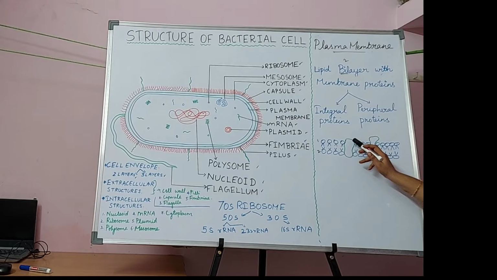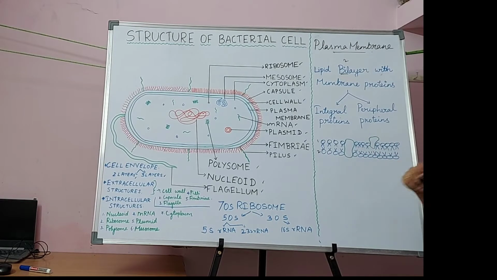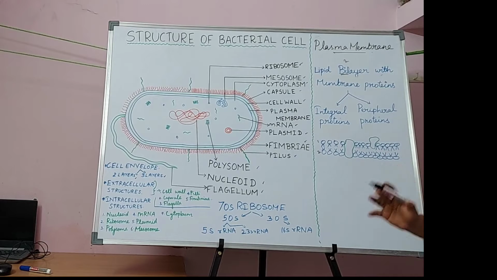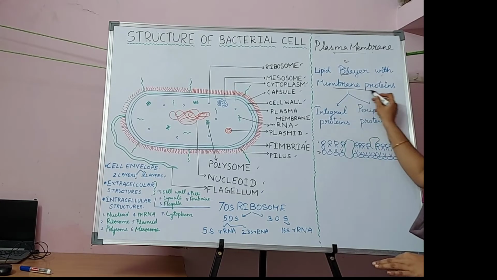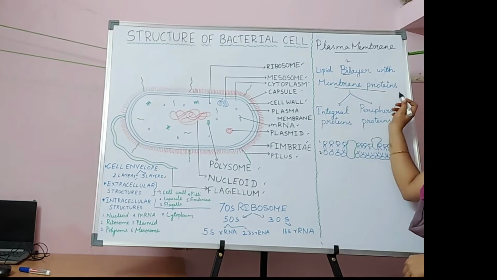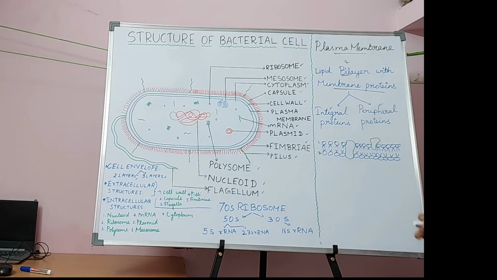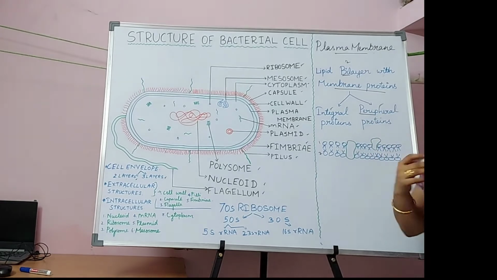In between this lipid bilayer, we have certain proteins present. These proteins are present in the plasma membrane, hence they are called membrane proteins. These membrane proteins are of two types. One is integral protein, the other is peripheral protein. Peri means surrounding.